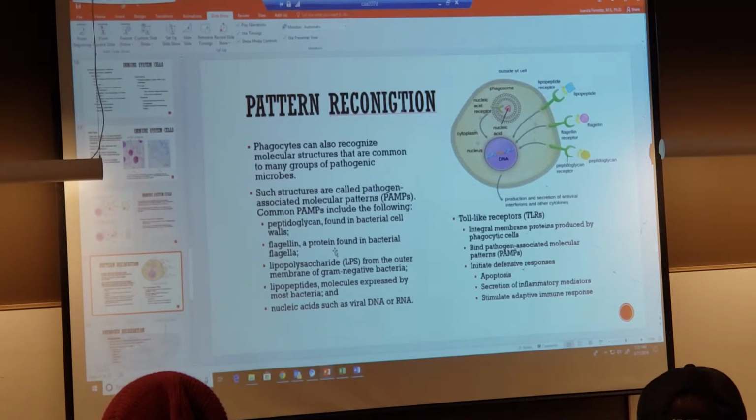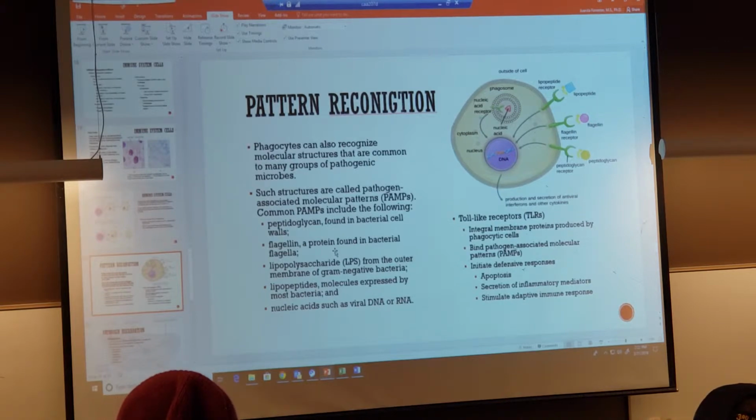But remember when we were talking about cell structure, we said that bacterial flagella are made of different things. They are structurally not similar, and that's what allows that to be a recognizable pattern. Other things like lipopolysaccharide, lipid A, all of those things that allow us to selectively target bacteria serve as molecular markers for our cells to recognize.